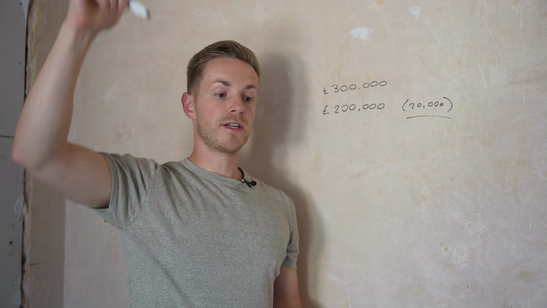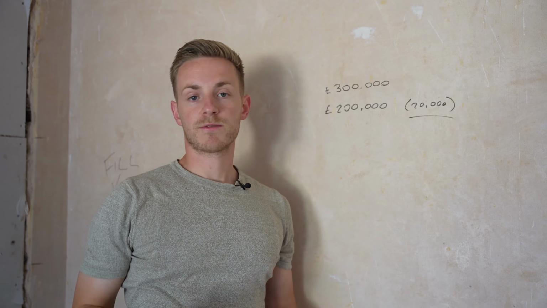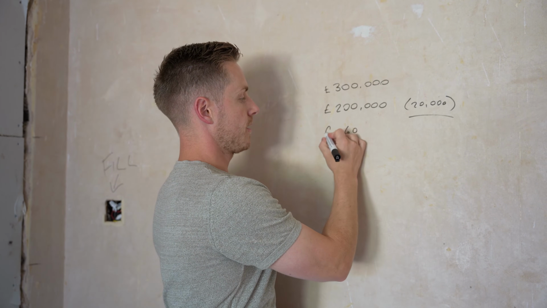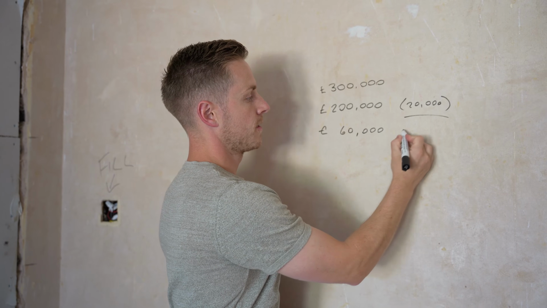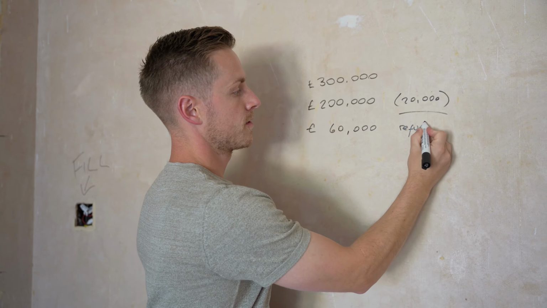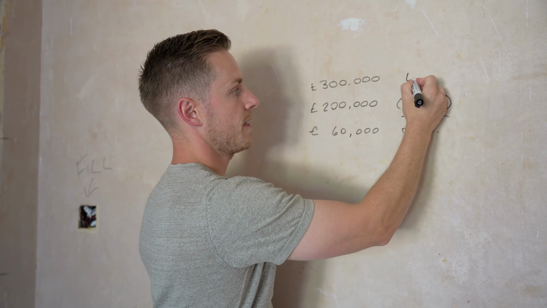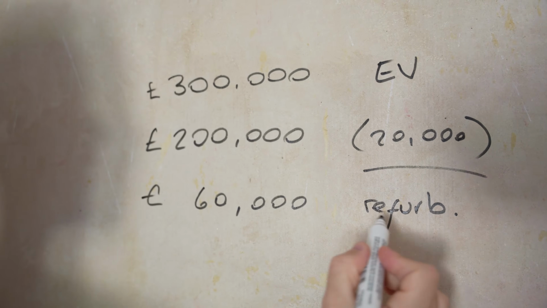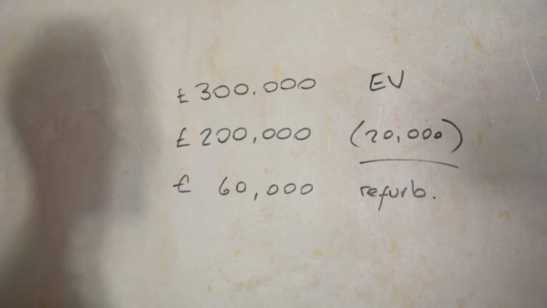In the loft extension, plus refurbishing the whole house, we spent £60,000. So there's our three main numbers: end value, purchase price with deposit, and then our refurb, which is potentially £60,000.